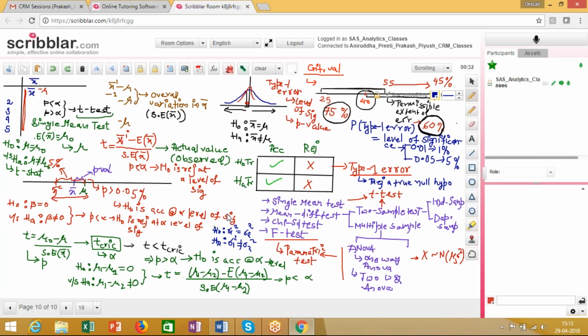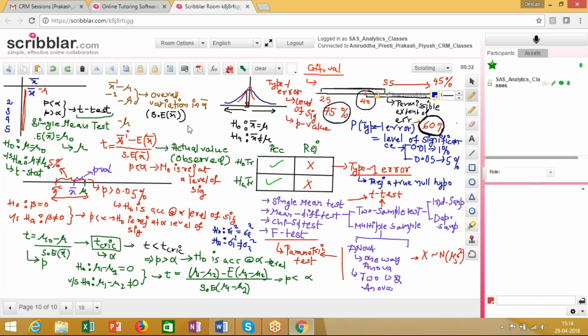Now having said that, the question is how do we do that? This test is done using a test called the folded F test. The folded F statistic is a very simple but interesting statistic.